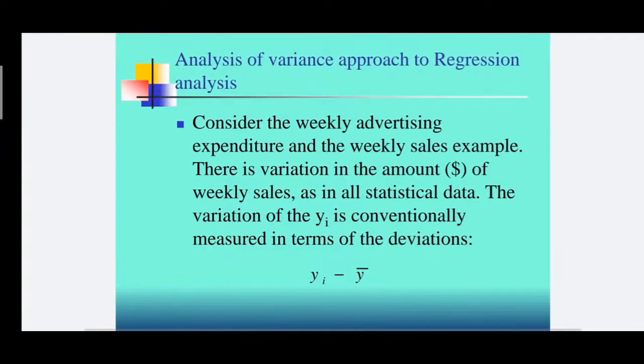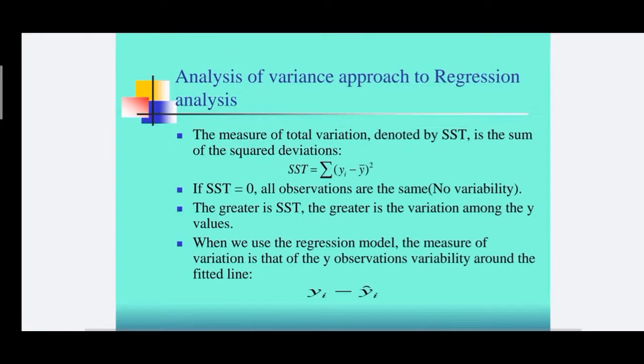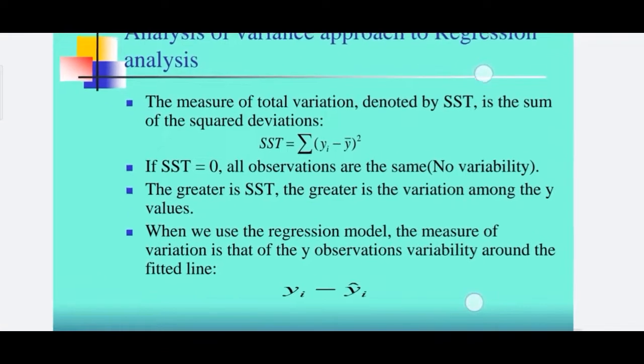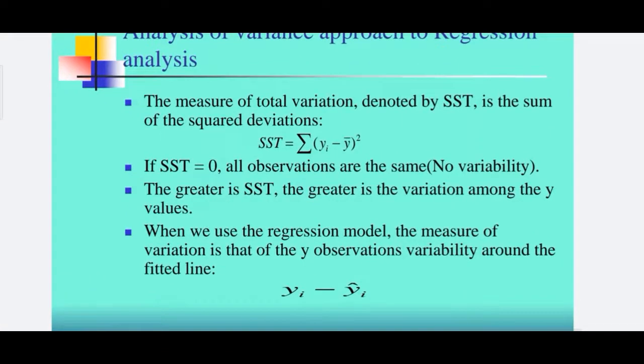Okay, right, these are the same thing. Okay, what I said just now, this is the value of the formula of SST. From there we know that the formula of SST is the summation of yi minus y bar squared.